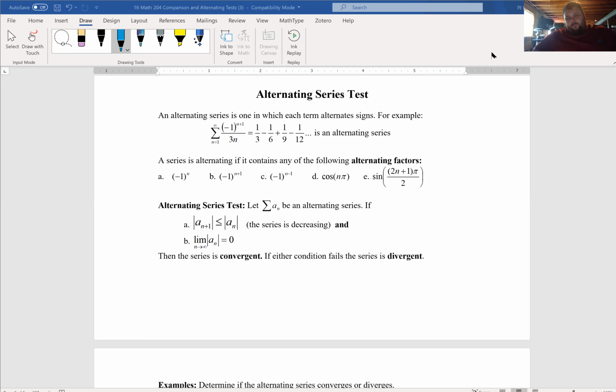If n is 0, 2 times 0 is 0 plus 1, so we get pi over 2 inside there. Sine of pi over 2 is 1. If we let n equal 1, then we get 3 pi over 2 inside, and we know that that gives us back -1. So if you're curious, notice that 2n plus 1 is actually how we represent an odd number. So 2n is even, 2n plus 1 is odd.